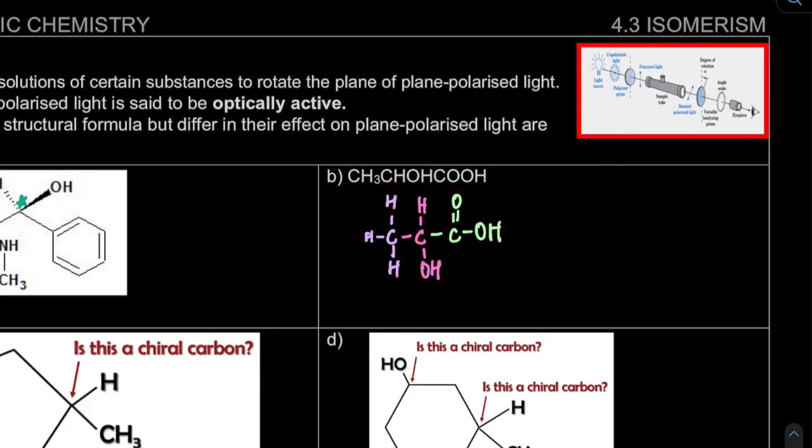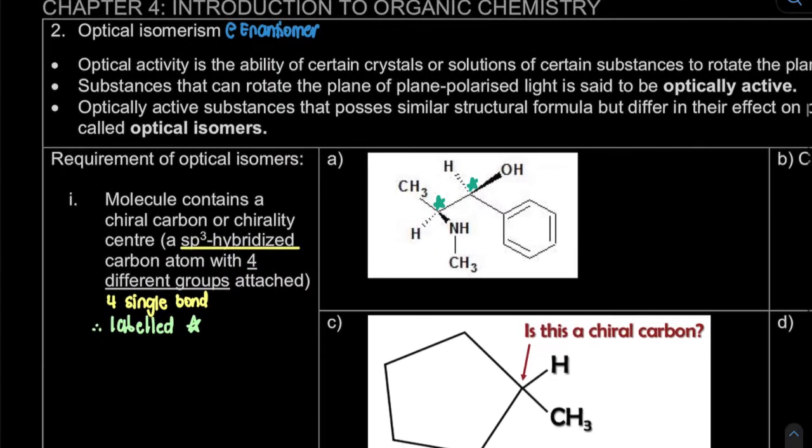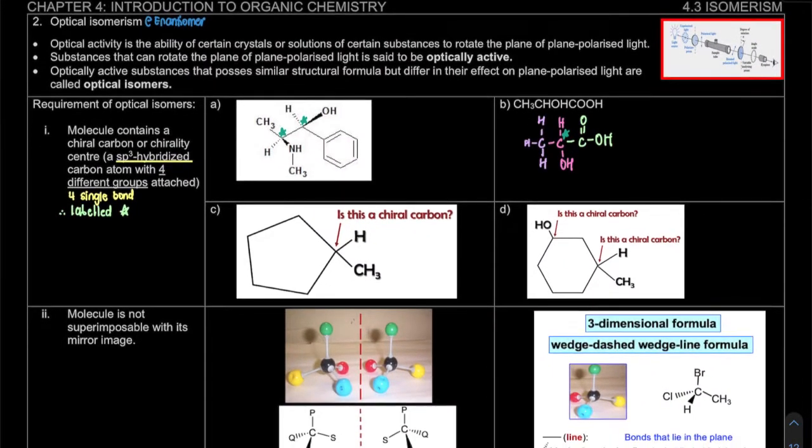So it has 4 different groups attached. So this is our chiral carbon. Next is our COOH. But here what it has is 2 single bonds and 1 double bond. What we want is an sp3 hybridized carbon atom, which is 4 single bonds with 4 different groups attached. So for this case, this is our chiral carbon.